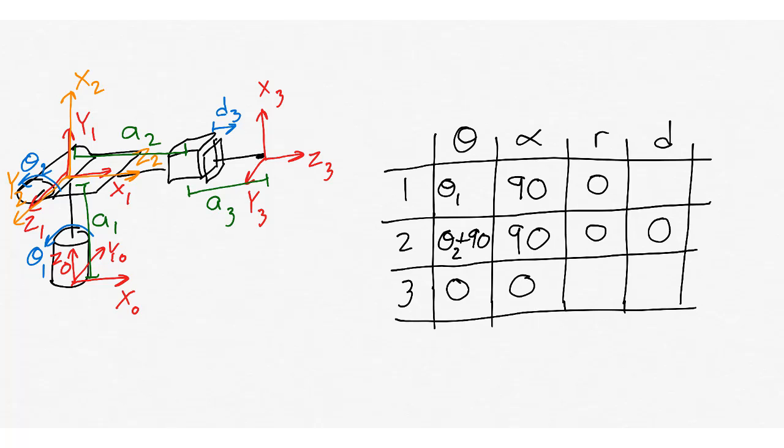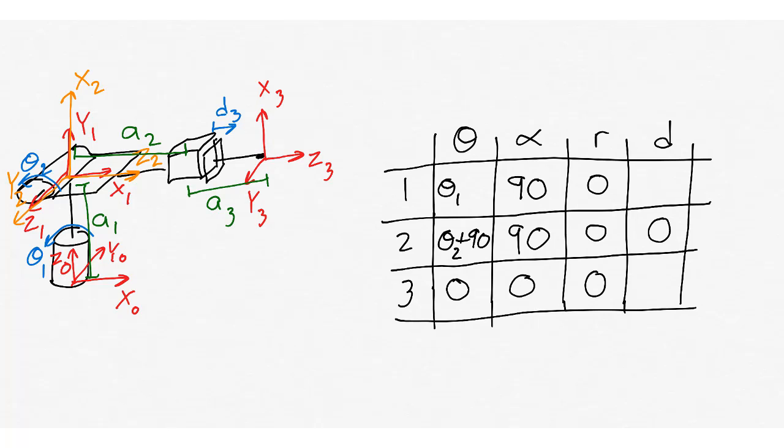To find r for the third row, we want to look at what is the displacement from the center of frame 2 to the center of frame 3 in the x3 direction. There is no displacement between the center of frame 2 and the center of frame 3 in the x3 direction, so r in the third row is 0.